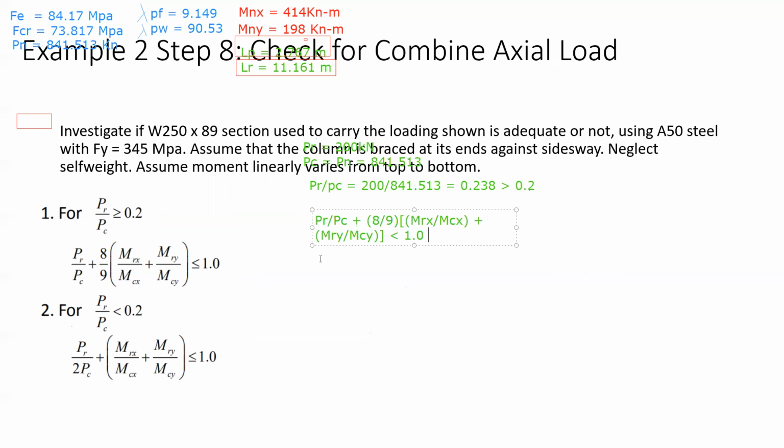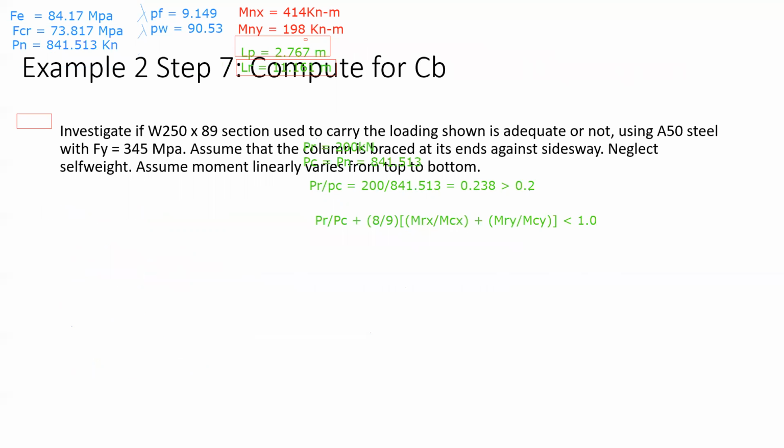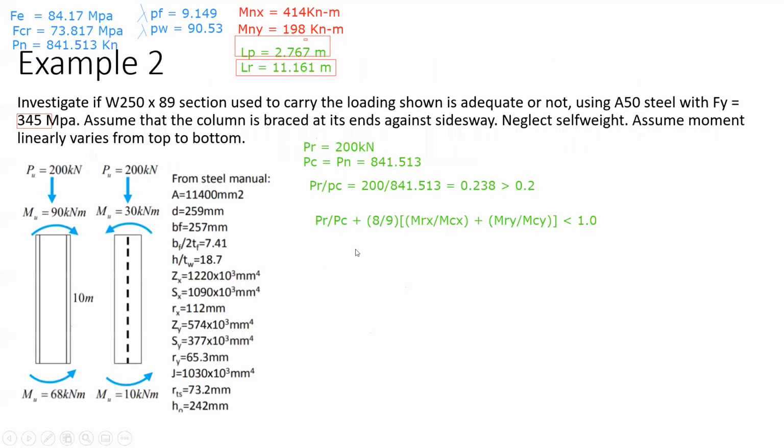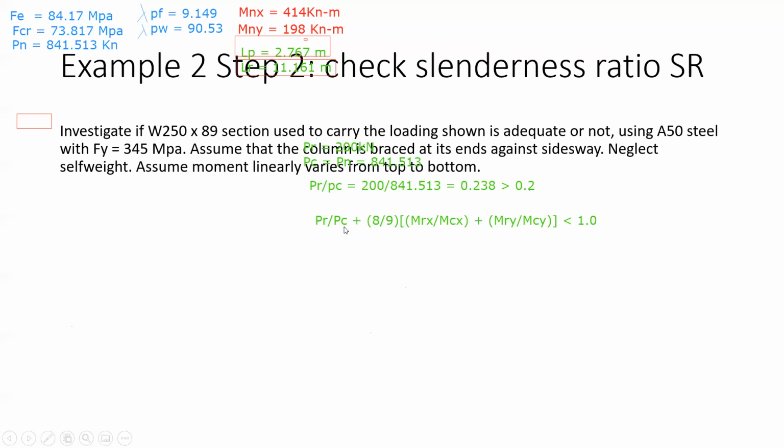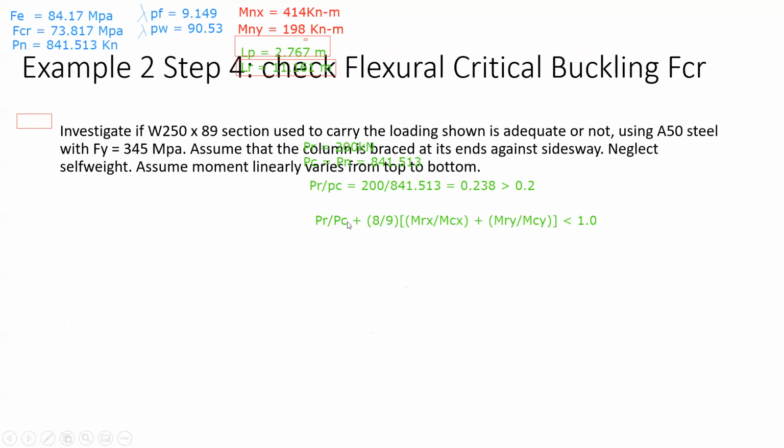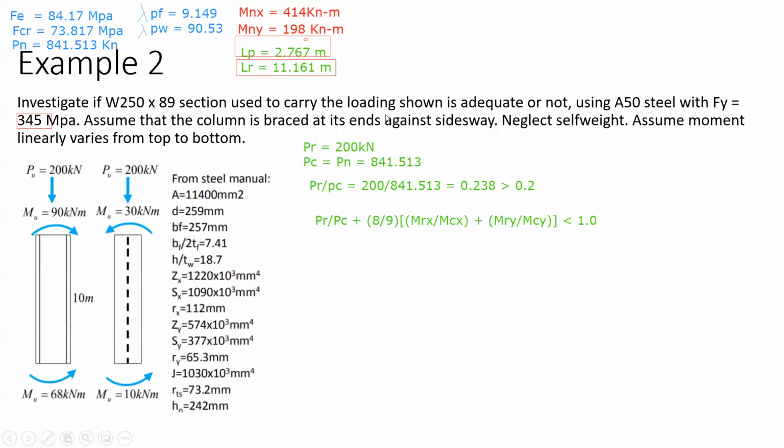So let's go back to our drawing to see our givens. We have PR over PC. We solved that, 0.238.